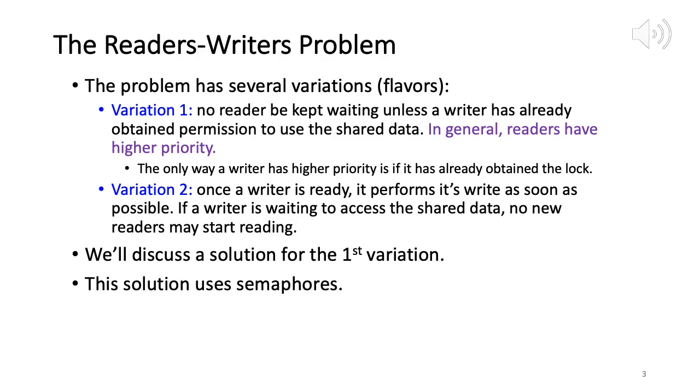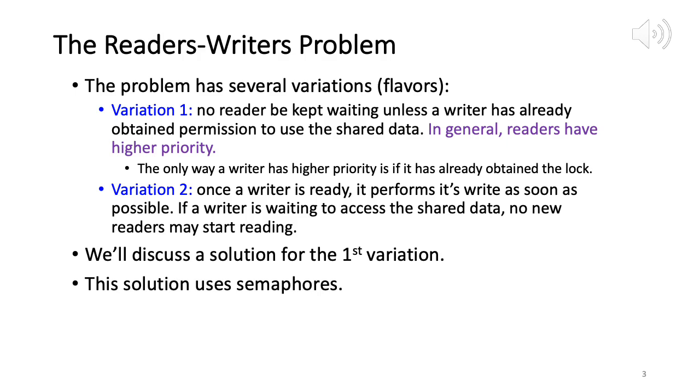So in general, the solution we'll discuss is for the first version, in which the readers have a higher priority. We'll discuss a solution to the first version of the problem, in which the readers have the highest priority, except for the case when a writer has already obtained the lock.